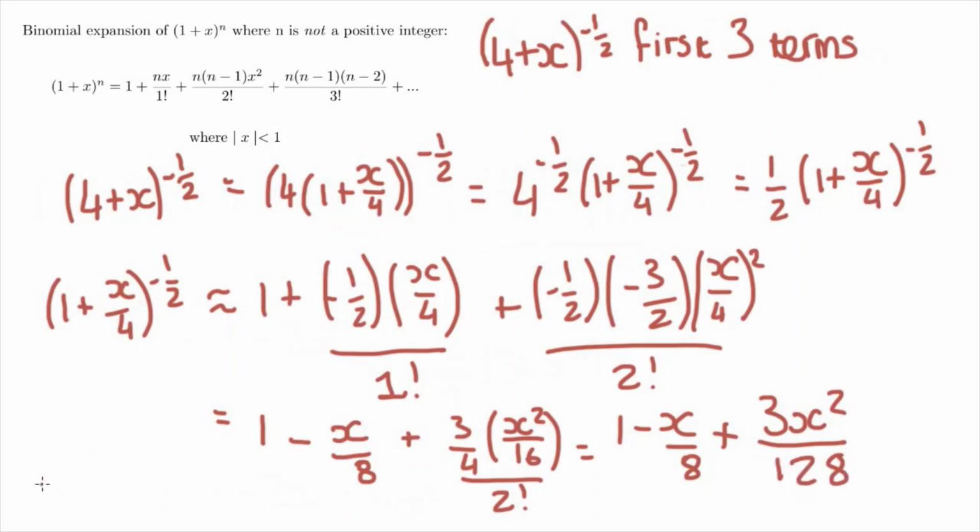So now for the binomial expansion of a half times 1 plus x over 4 to the minus a half, we just multiply everything by a half. So we're going to get a half minus x over 16 plus 3x squared over 256.